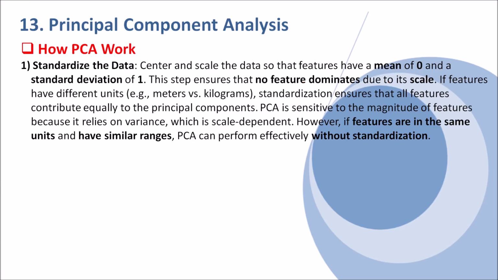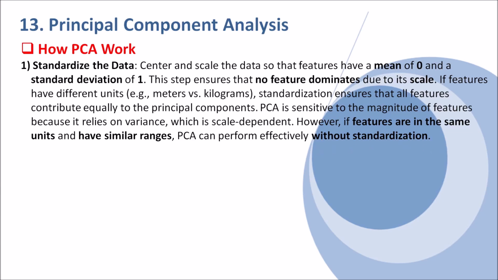If features have different units, for example meters or kilometers or centimeters, standardization ensures that all features contribute equally to the principal components. PCA is sensitive to the magnitude of features because it relies on variance, which is scale dependent. However, if features are in the same units and have similar ranges, PCA can perform effectively without standardization.